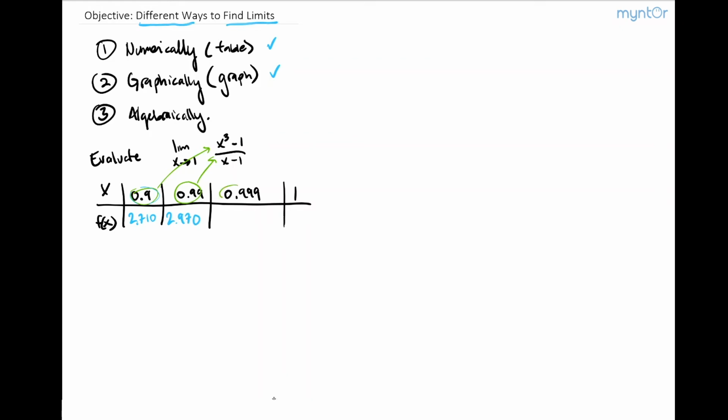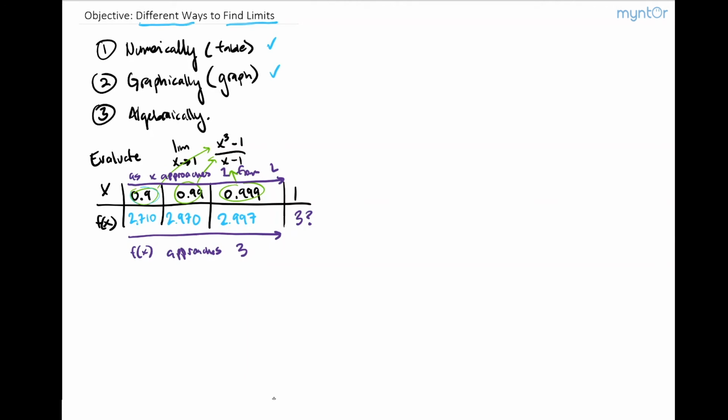And if I plug in this value into our equation here, I'll find that f of x is equal to 2.997. And so once again, it seems like as x approaches 1 from the left, our value of f of x approaches 3. And so we'll put a 3 here with a little question mark.